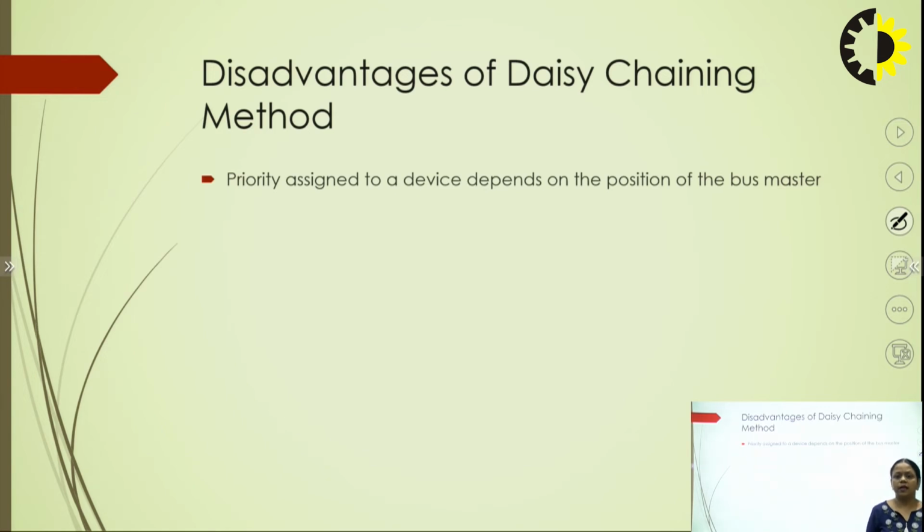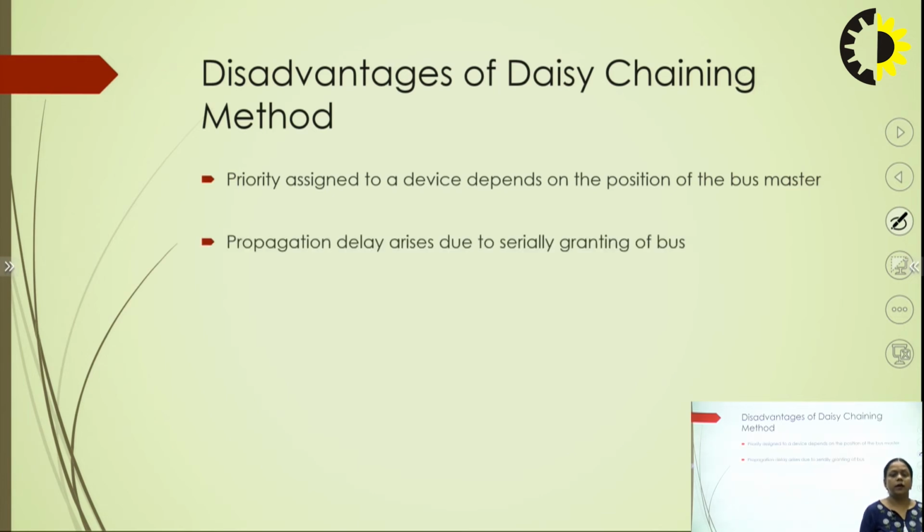For example, the device which is connected nearest to the bus controller will get priority first, and other devices will get priority later. So dynamic priority is not possible. This is only static priority. It means a device will get priority according to its hardware connection, which is a drawback of this technique.